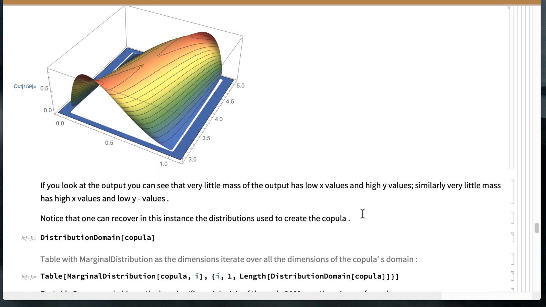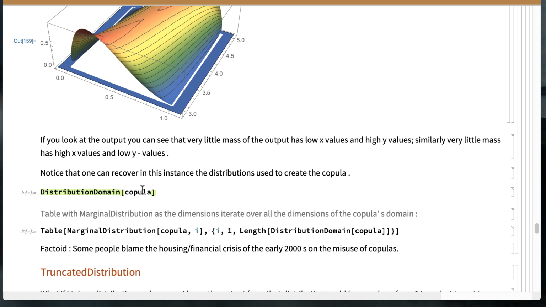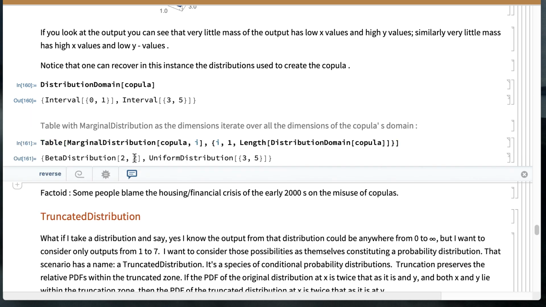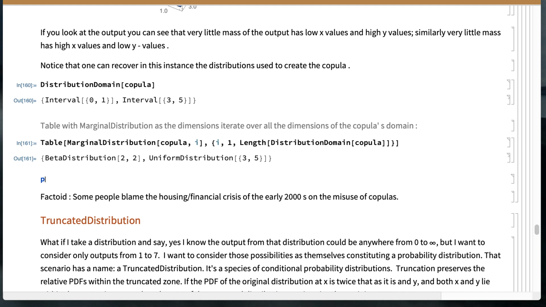So those are copulas. You can get the distribution domain of a copula, and you can get the marginals of the copula. But remember, precisely because, in fact, let's do a wild experiment here. Let's take the product distribution of those two marginals.